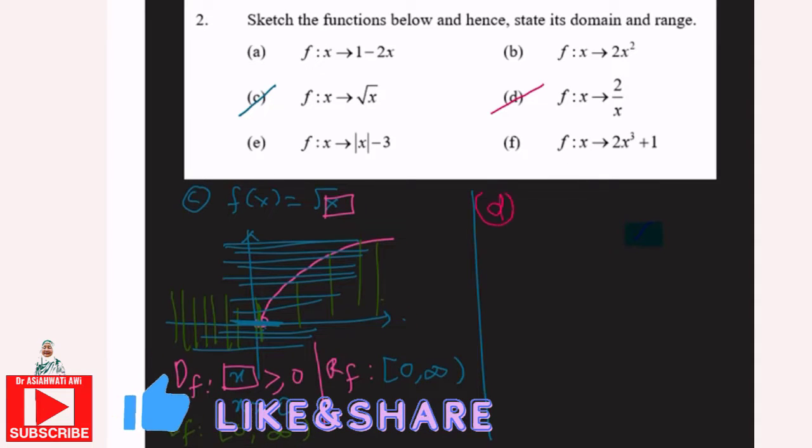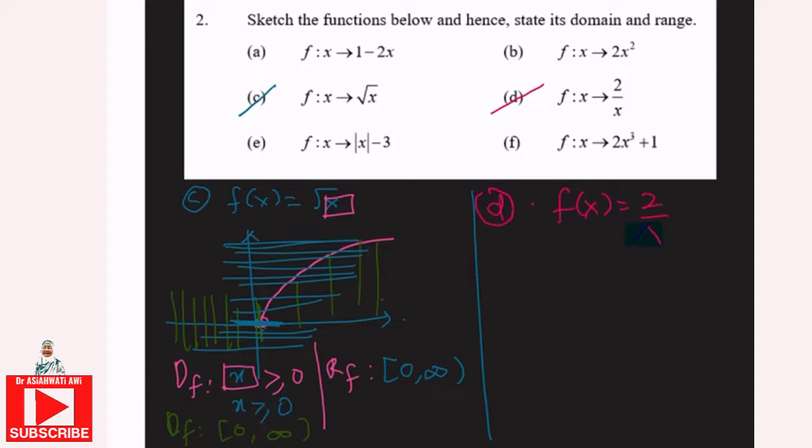For D, the function f(x) is equal to 2 over x. For a rational function, the denominator cannot be 0. So x is not equal to 0. When x is equal to 0, the function is undefined.